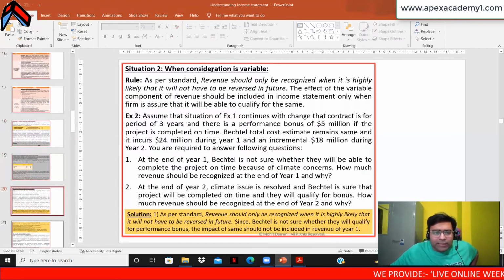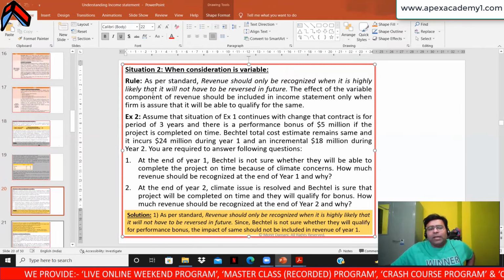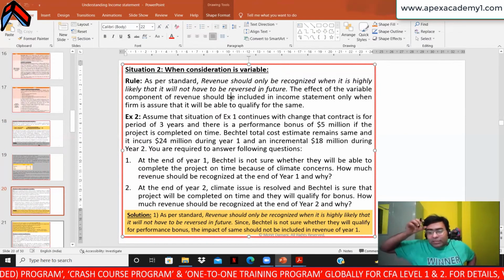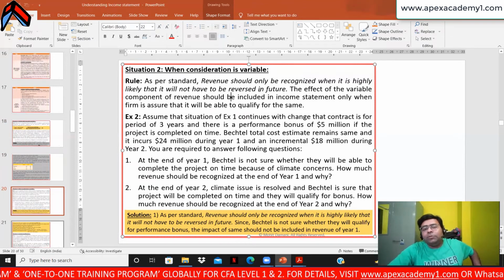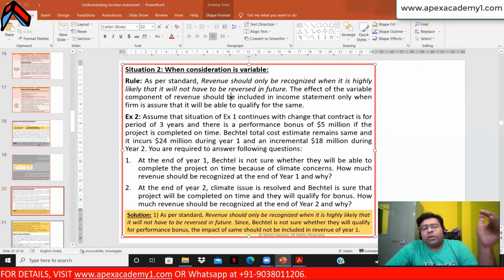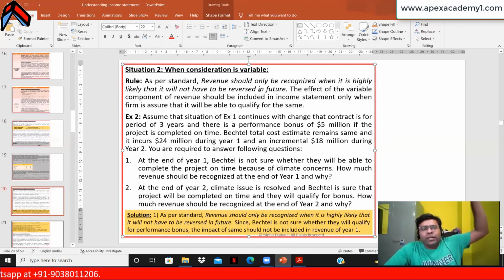Okay, next, the second situation is when consideration is variable. When it is variable, as per the standard, revenue should only be recognized when it is highly likely that it will not be reversed in future. Consideration is variable, for example, when there is a bonus element. In real estate contracts, what happens is that you have to build, you have to create this building in 5 years, you get 100, but if you create it in 3 years, you will get 120.